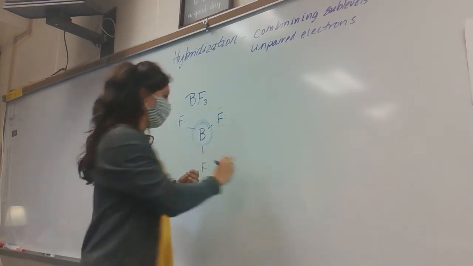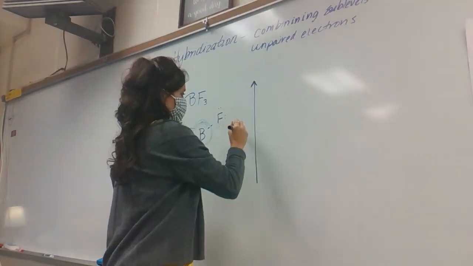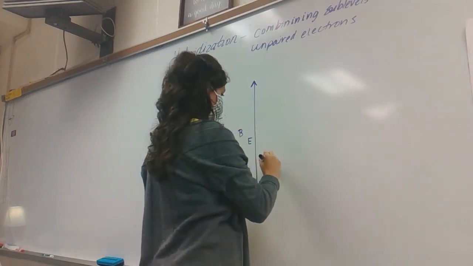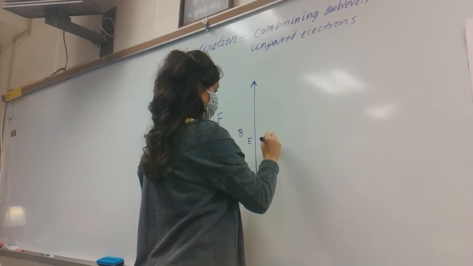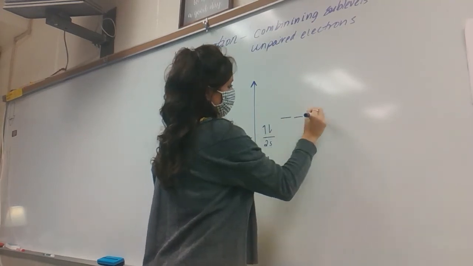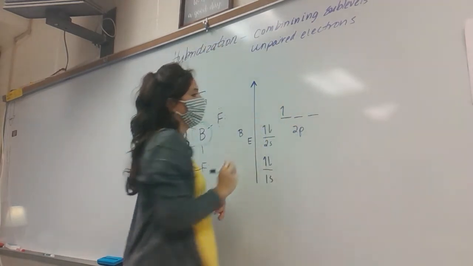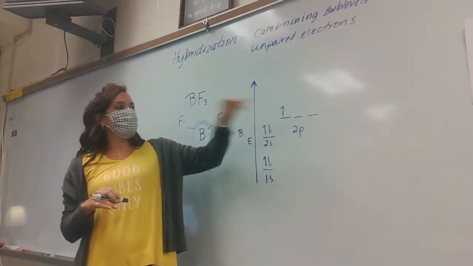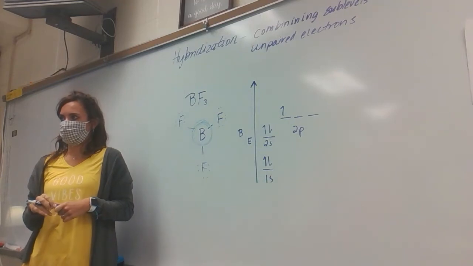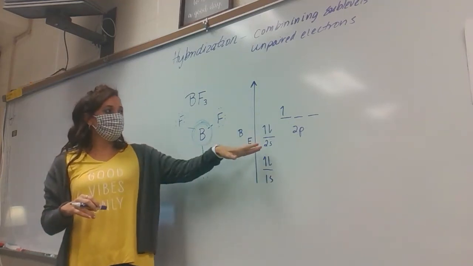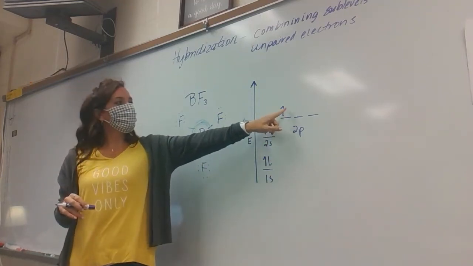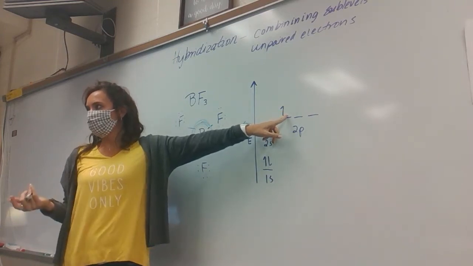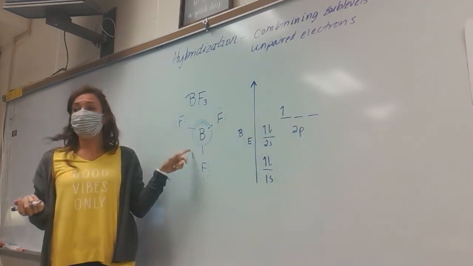But if we look at the orbital diagram for boron, it looks like this: 1s2, 2s2, 2p1. And according to this, boron only has 1 unpaired electron to form a bond. But it's forming 3 bonds.